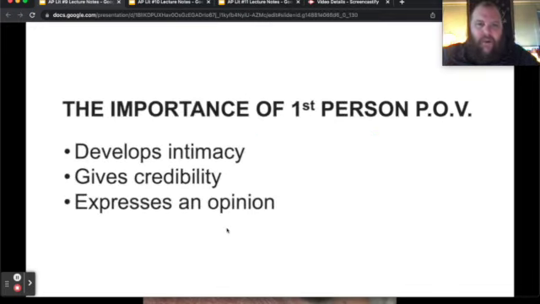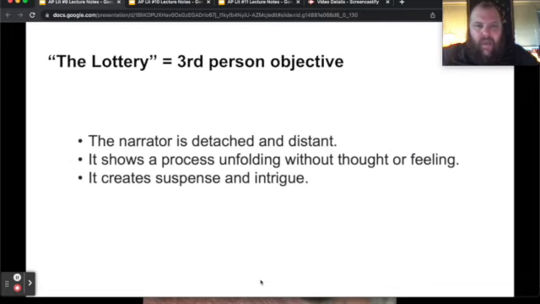So if we talk about The Lottery, for example, the detachment, the distance, there's no thought, there's no feeling. It creates suspense and intrigue. The suspense and the intrigue is a strength, right? But it really depends on the detachment, the distance, the lack of thought or feeling.